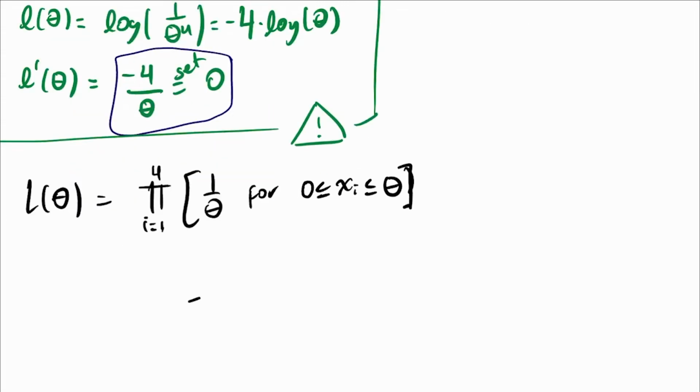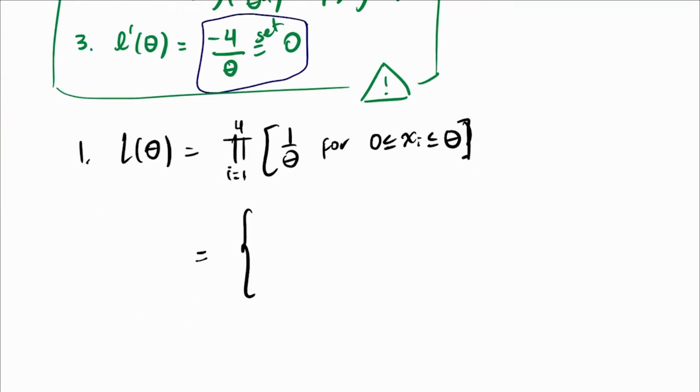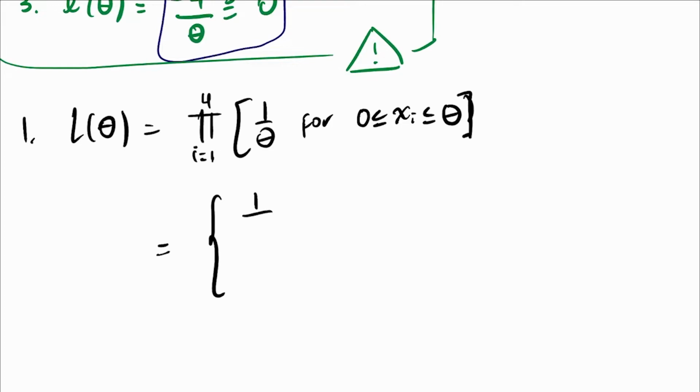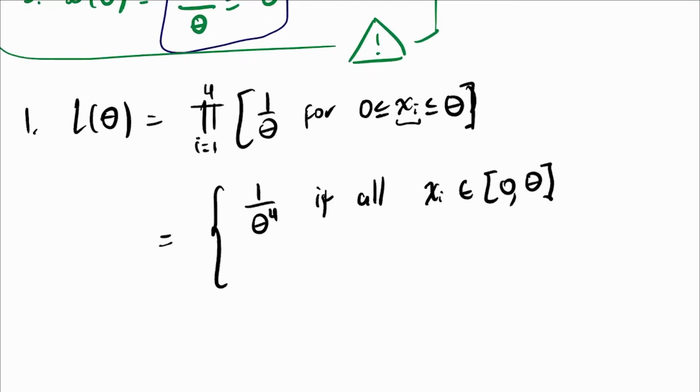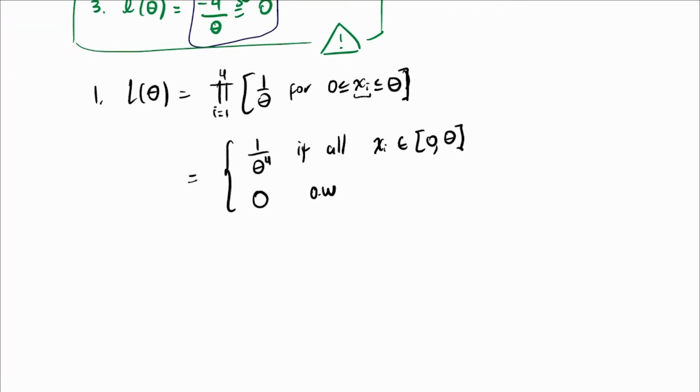And this is equal to, we have two cases. 1 over theta to the 4 if all our variables xi are between 0 and theta. And in other case, it's going to be 0 otherwise, okay?